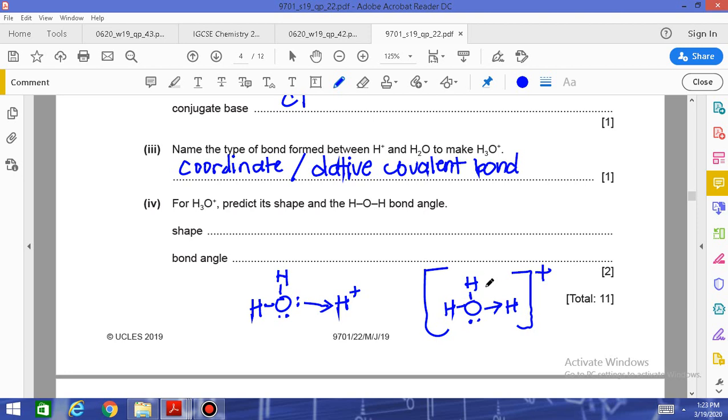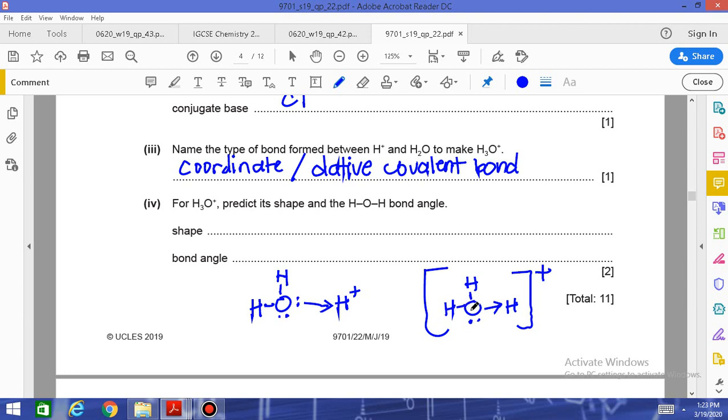For a common covalent bond, for example the covalent bonds between oxygen and hydrogen atoms here and here, the electron pair is shared between hydrogen and oxygen atoms.